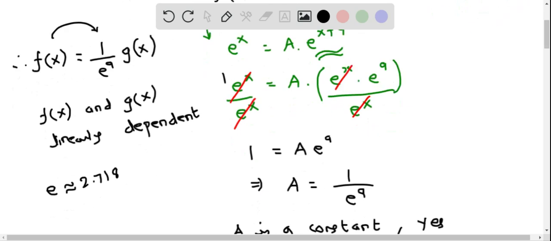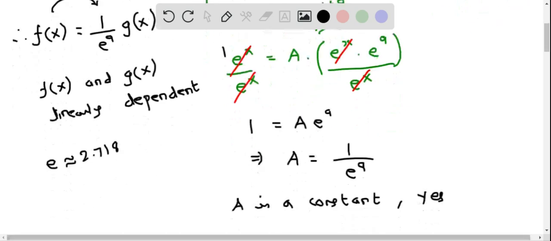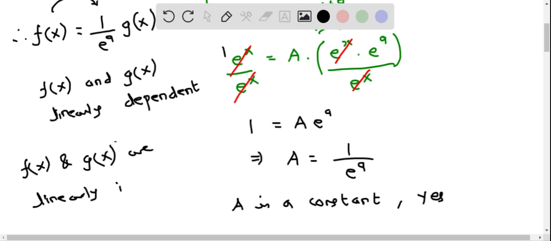And so to answer the question, are f of x and g of x linearly independent, we see that they are not linearly independent. The answer to this question is no, because they are linearly dependent.